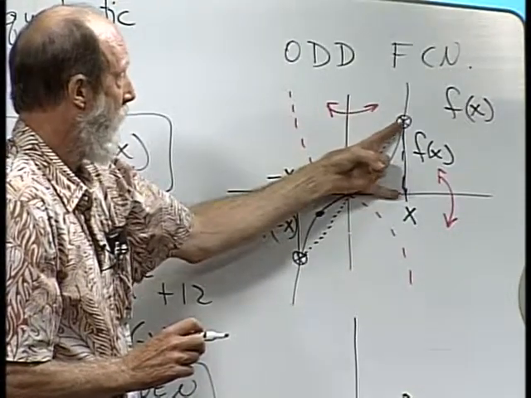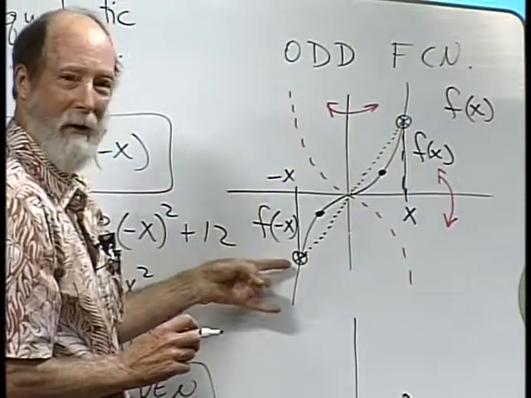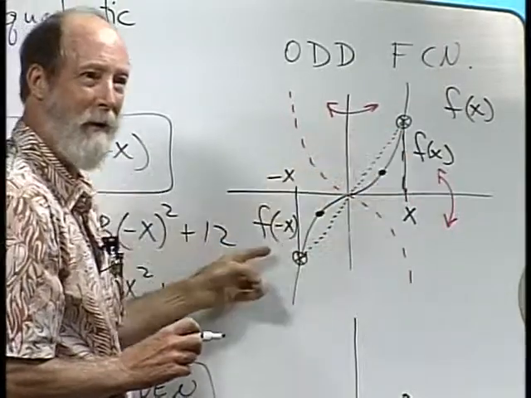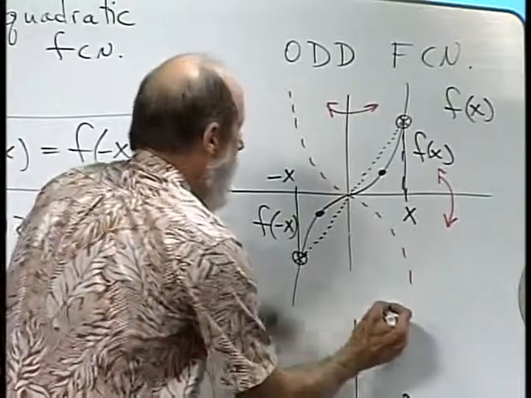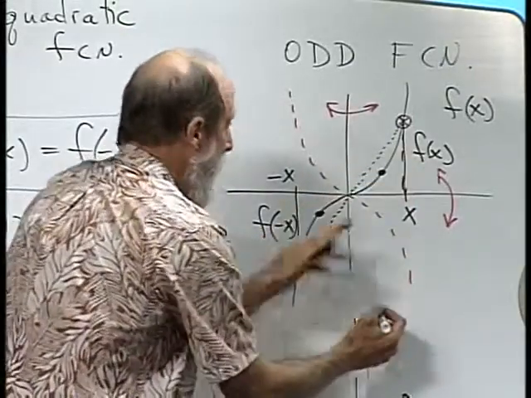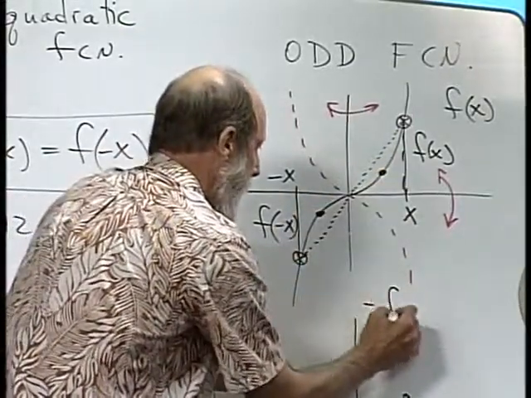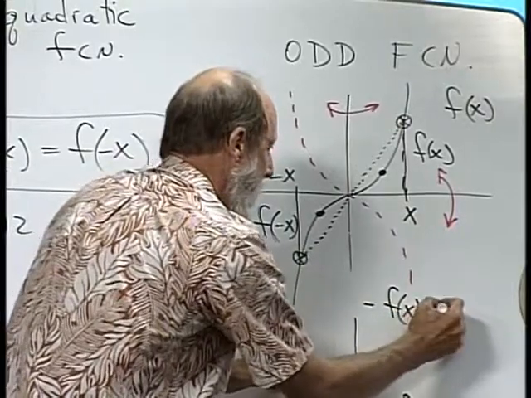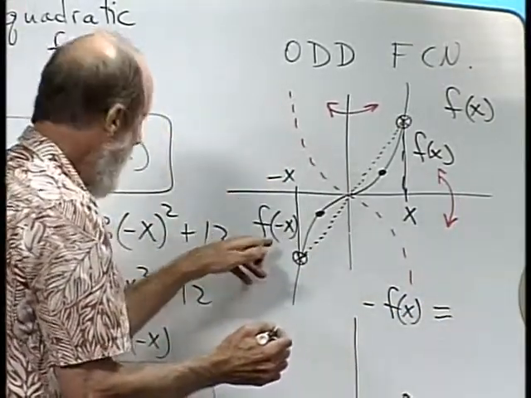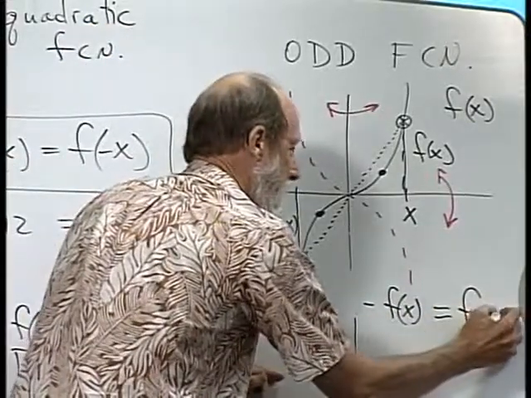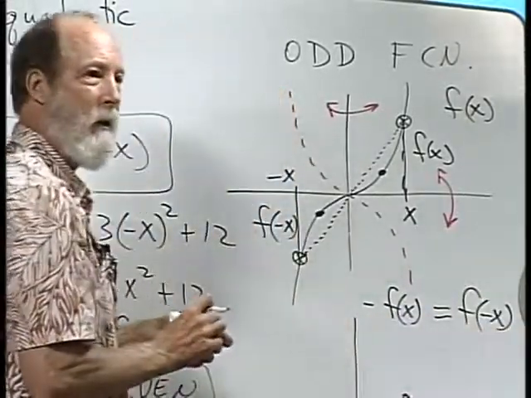Shouldn't the negative of this value be that value then? Or vice versa? Yeah. So the way you typically write it is you take the opposite of your f of x and you compare that with f of negative x. So shouldn't that height be negative f of x instead of f of negative x?